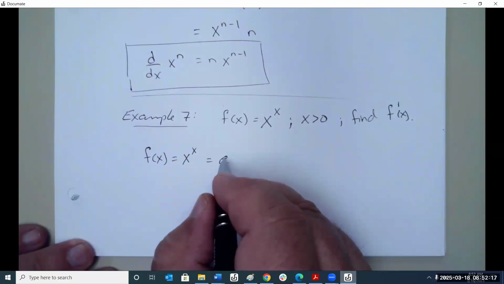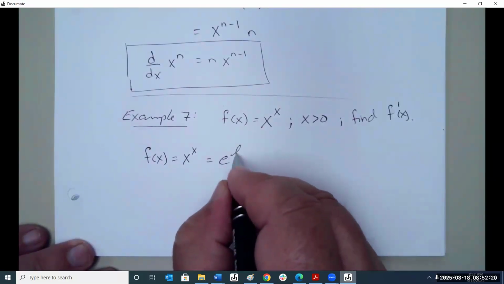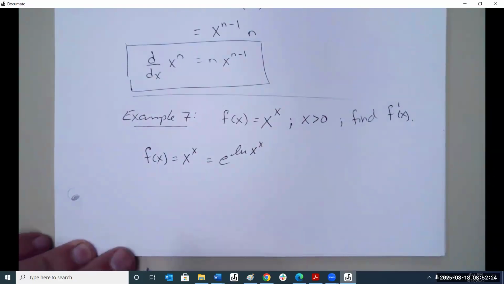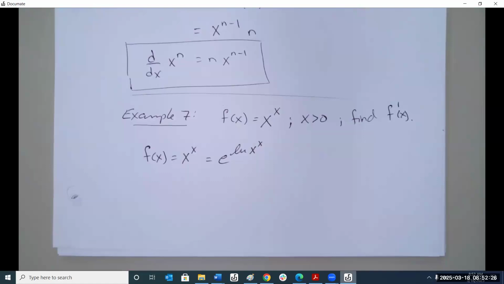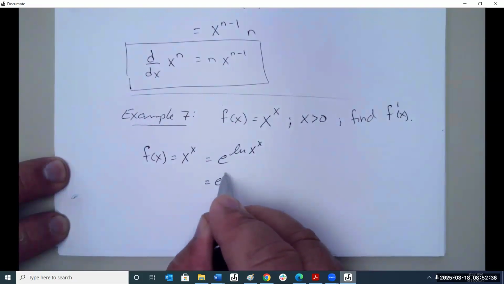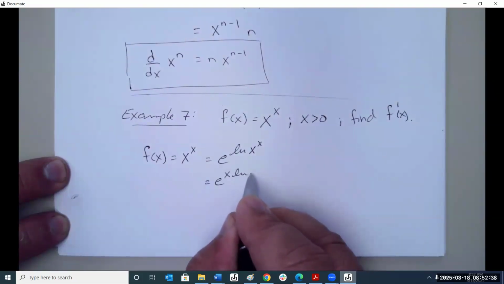e to the power what? Right. That's the same thing, and that can be written as e to the power x ln x.